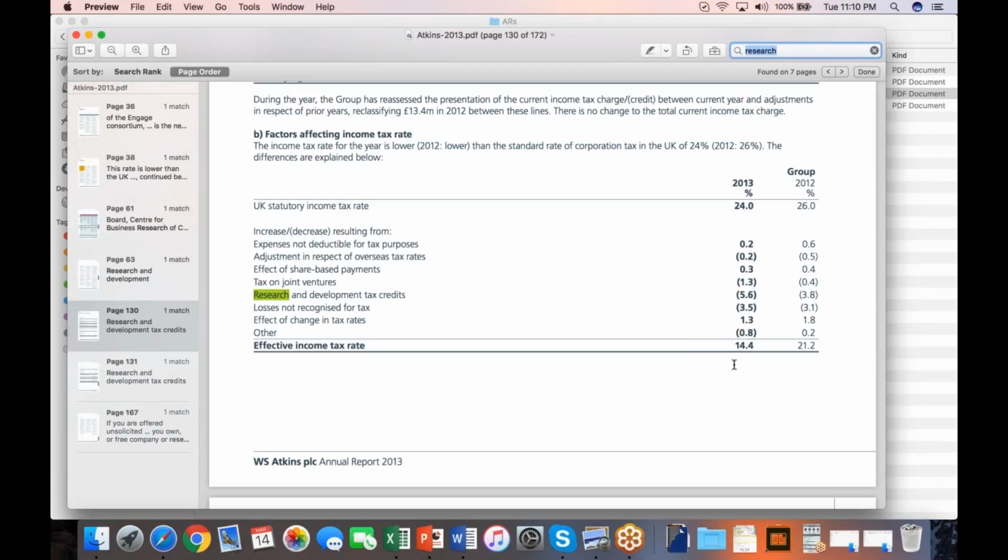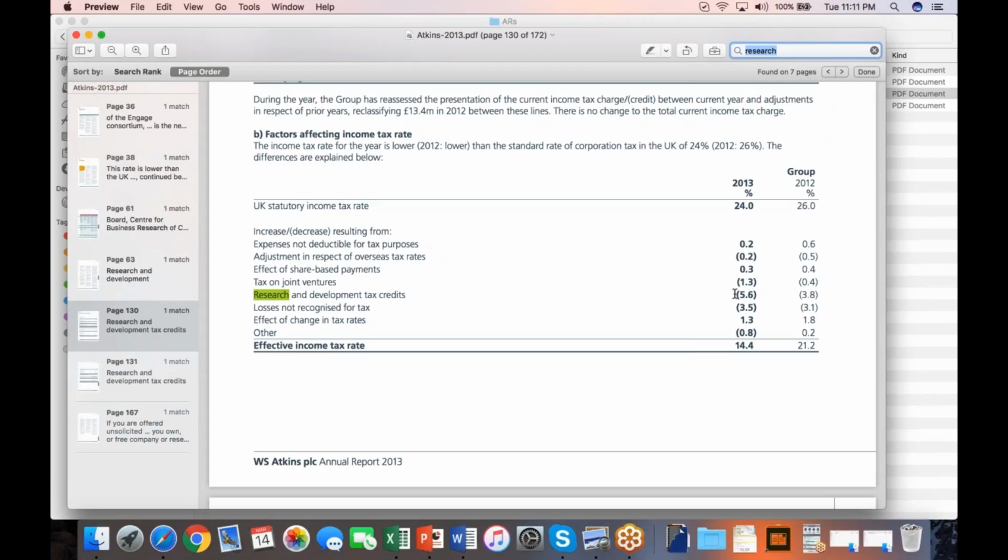Instead of 24%, Atkins paid tax on their profit before tax at 14.4%. And in this 14.4%, the savings of 5.6% was through research and development tax credits.